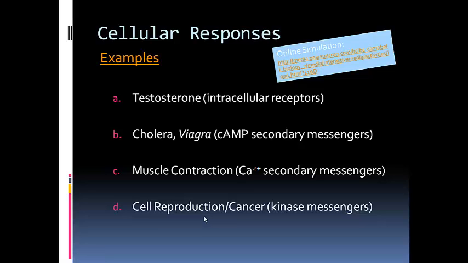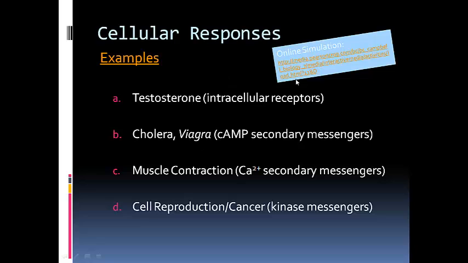What I want you to do instead is describe the response. What is this cellular response for testosterone, for Viagra, to create a muscle contraction, for triggering cell reproduction, which can lead to cancer? I just want a description of each one of these in your notebook. So you write down cellular responses, A, with the heading, what it does, using again the simulation.